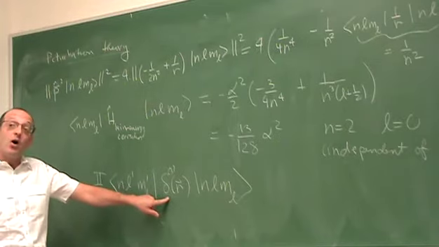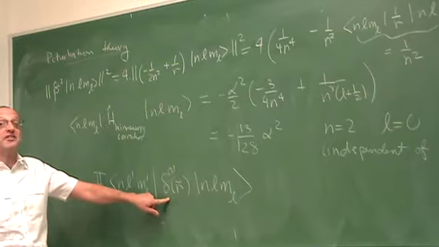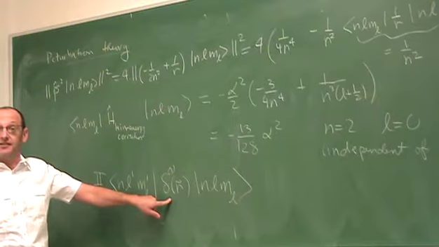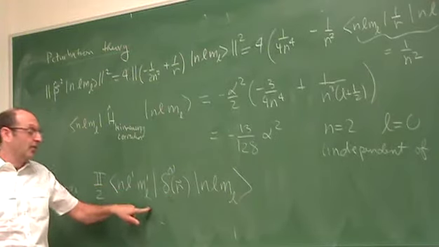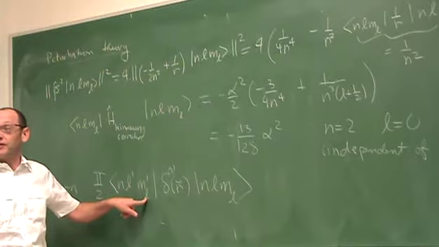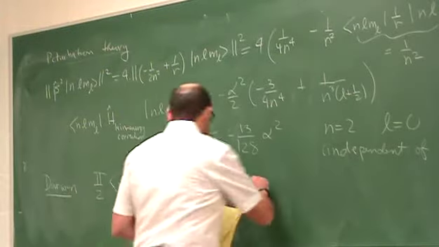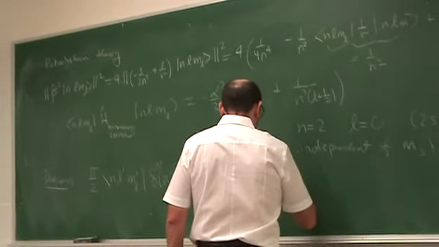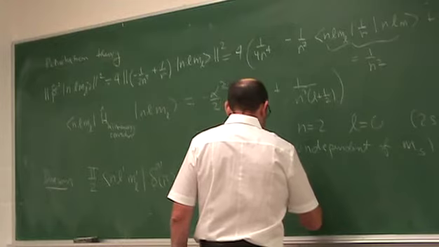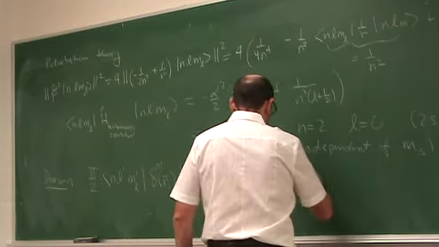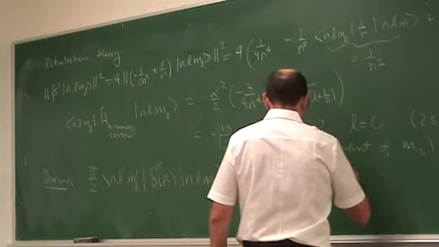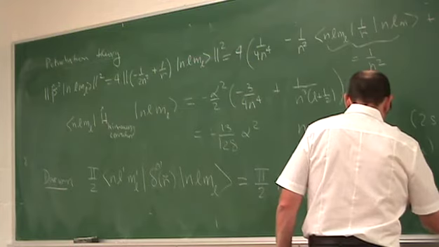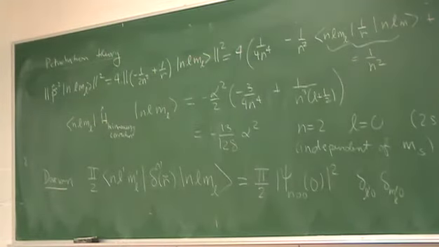And we know that the only wave functions that have non-zero value at the origin are the L equals 0, the S states. So this is only non-zero when L equals 0 and ML equals 0. There is no other matrix element. So this matrix element then is equal to the square of the amplitude of the wave function at the origin only for the S state.